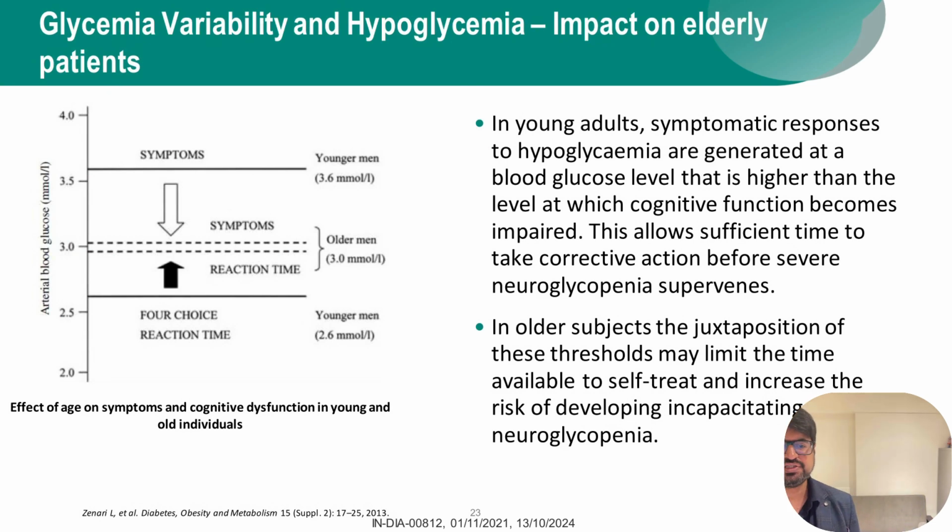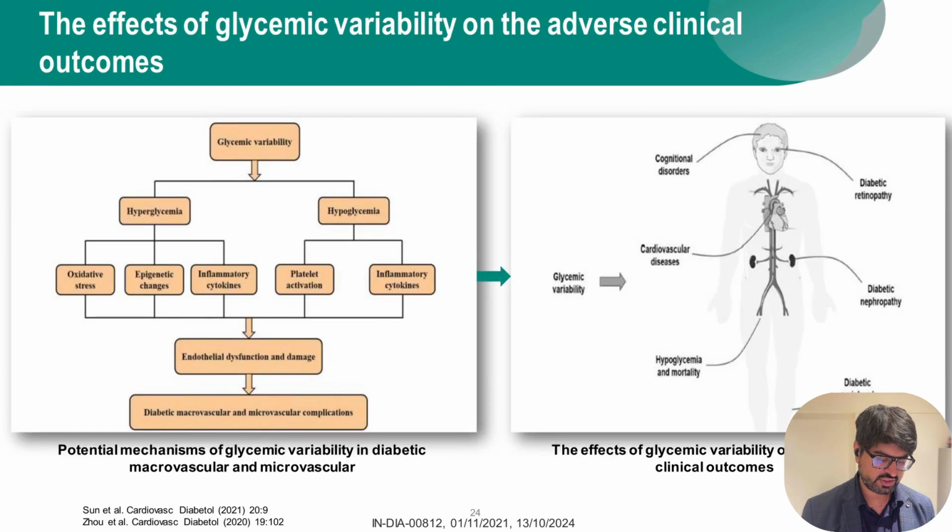Remember, in older patients, high glycemic variability is particularly a problem because a lot of these patients have more hypoglycemic unawareness, and because of that they can develop severe complications of hypoglycemia, and of course they will have cognitive impairment as well, which contributes to the same. Overall, with hyperglycemia, as we already discussed, there will be oxidative stress, epigenetic changes, and inflammatory cytokines.